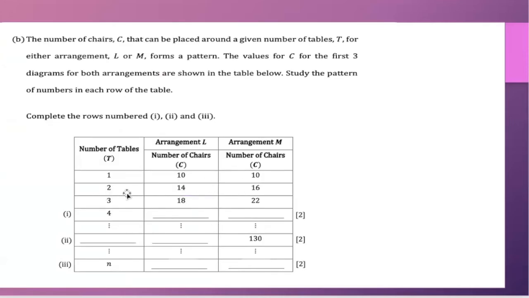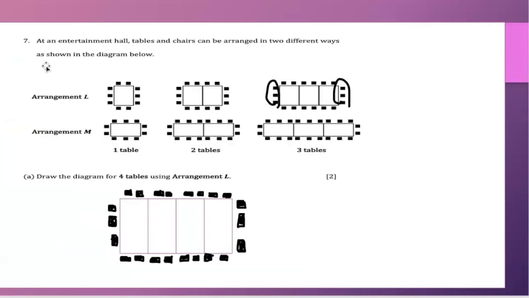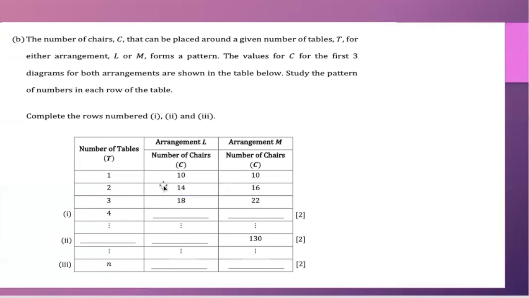But when we have two tables, we have 14 chairs for arrangement L, and we have 16 for arrangement M. Let's check. Here we have two tables. So we have 1 to 14, and 1 to 16. So we're indeed seeing this pattern.